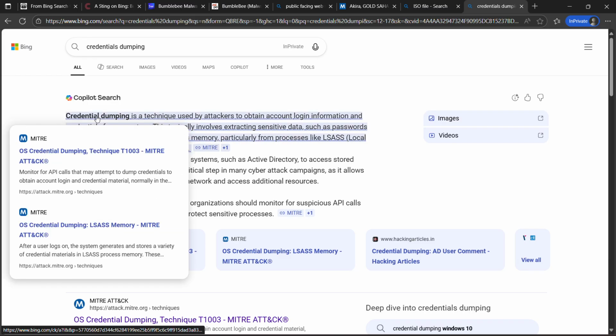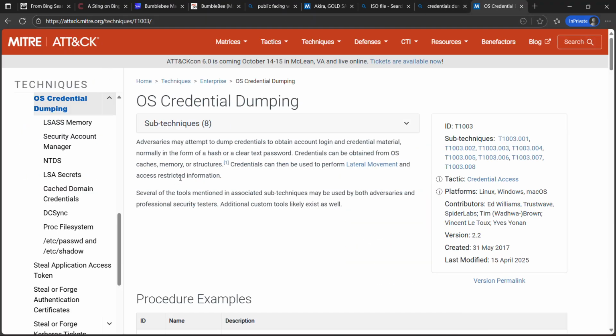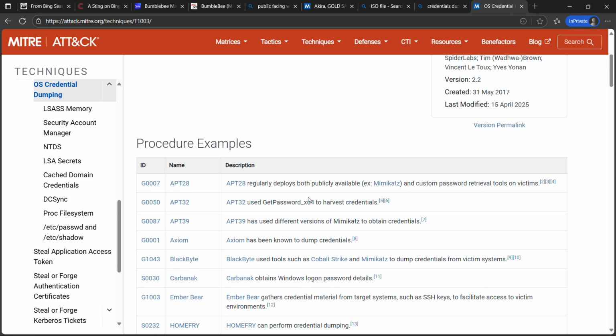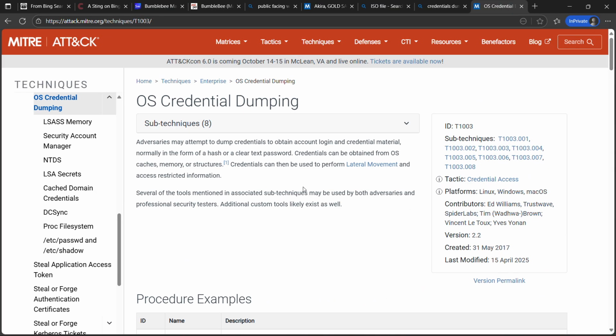OS credential dumping: an attempt to dump credentials to obtain account login and credential materials, normally in the form of a hash or clear text password. Credentials can be obtained from OS cache, memory, or structures. Credentials can then be used to perform lateral movement.